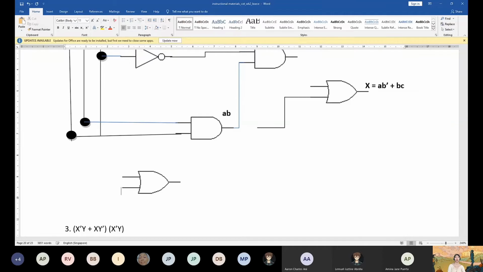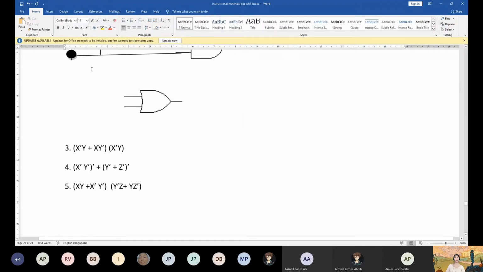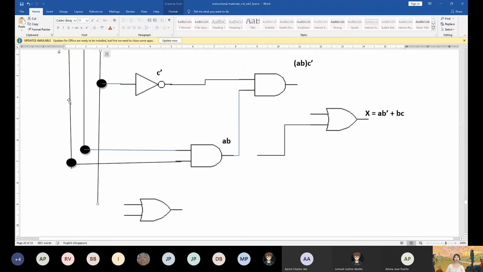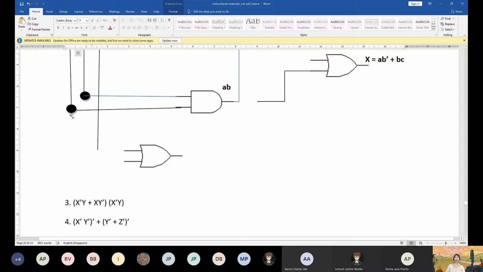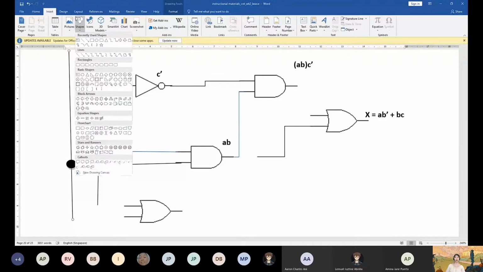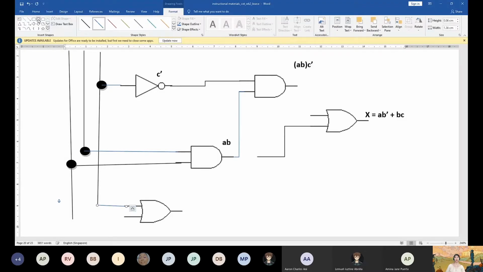So the inputs are A and C. Pardon my drawing. I know you can do better than this. It's not even straight.